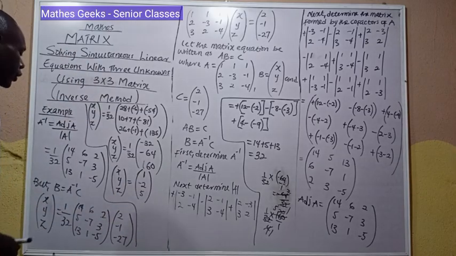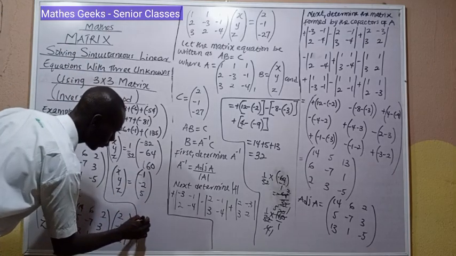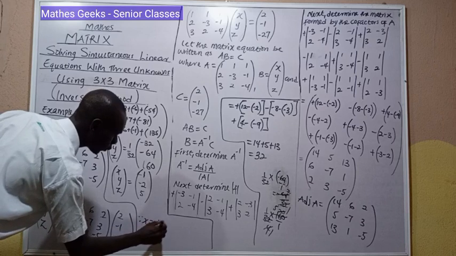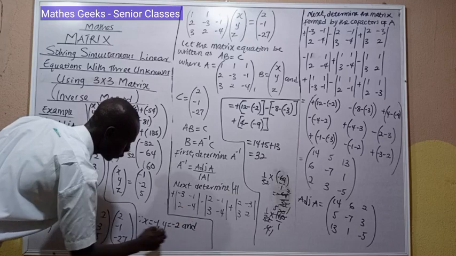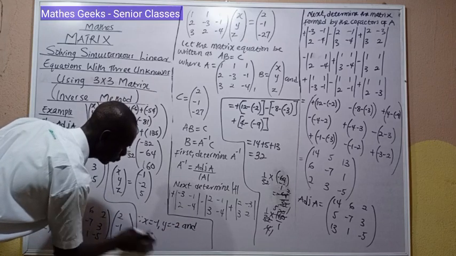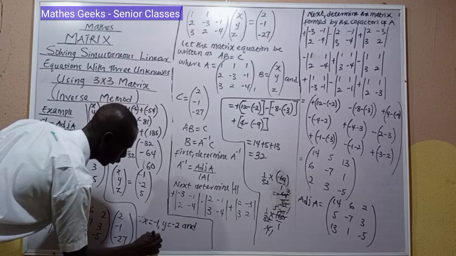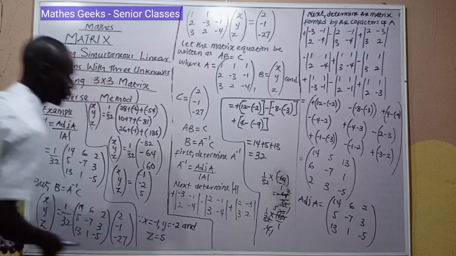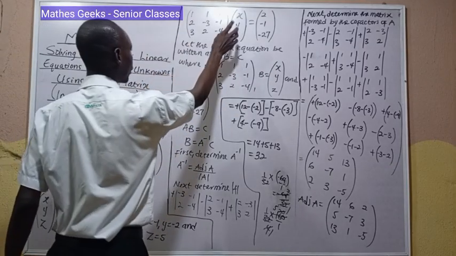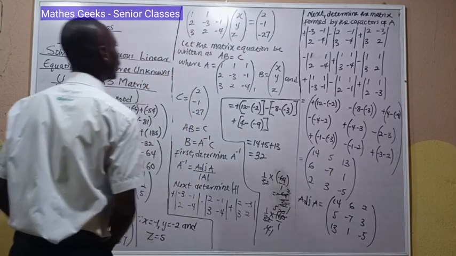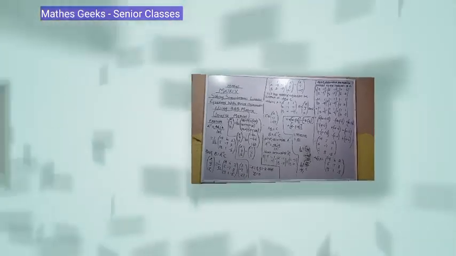So this is our solution set. Therefore, x equals minus 1, y equals minus 2, and z equals 5. These are the solutions to the simultaneous equations of 3 unknowns using matrix.